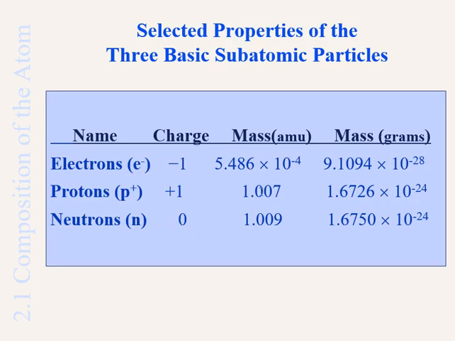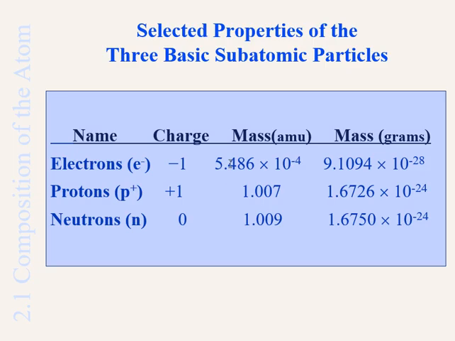Now look at the masses of all three given to us here in atomic mass units and in grams. In atomic mass units, the masses of the proton and the neutron are very close, 1.007 AMU for the proton and 1.009 AMU for the neutron.